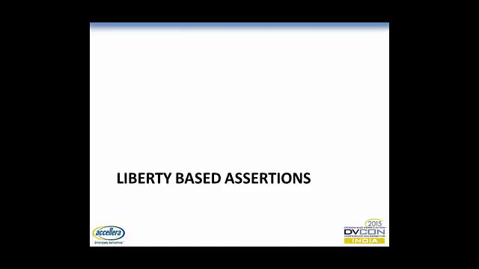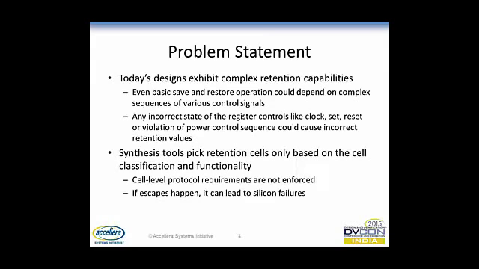Then I'll go to the liberty-based assertions. In that one, today's problem is normal retention capability. Even a basic save and restore operation could depend on complex sequencing of various control signals, and any incorrect states for the clock, set or reset could result in violation of power control signals and could cause incorrect retention values.